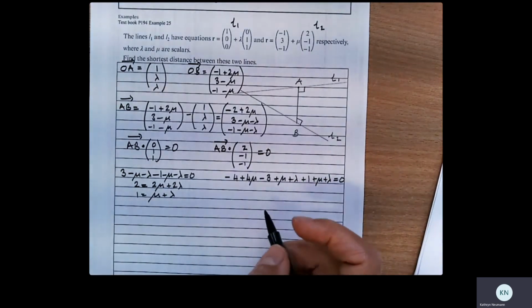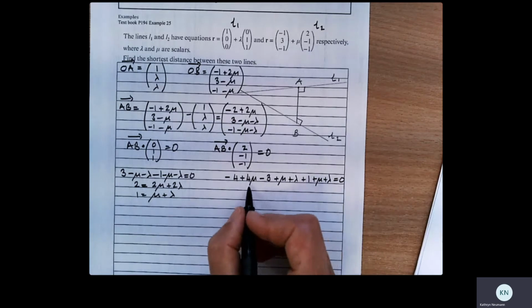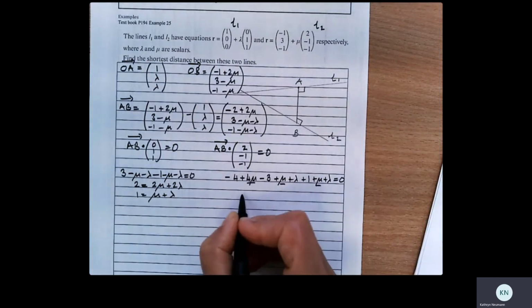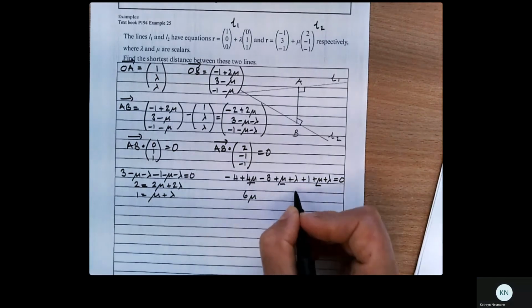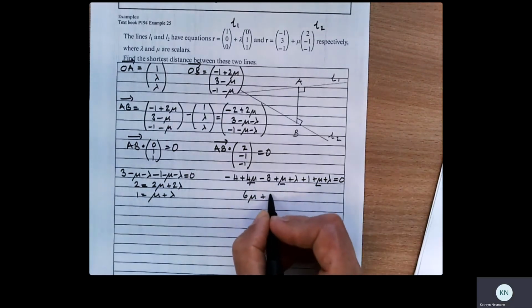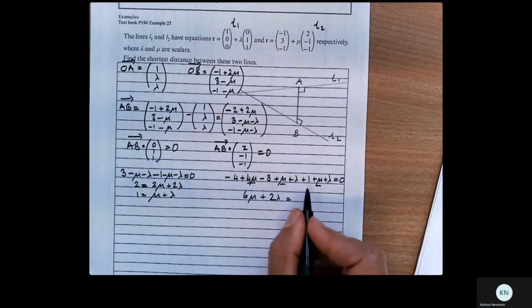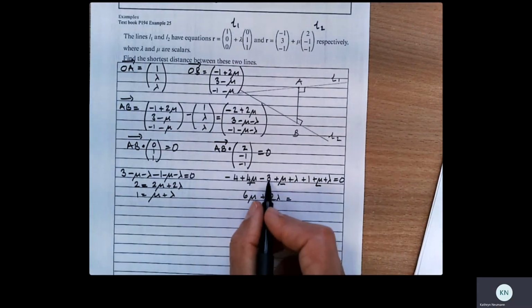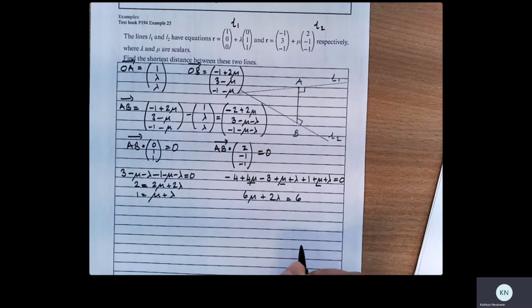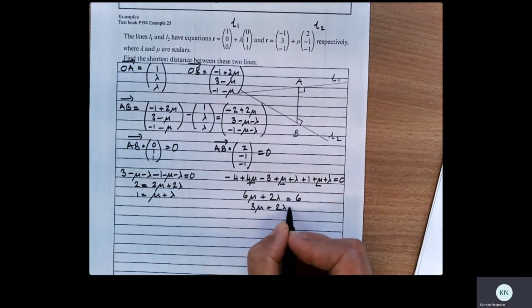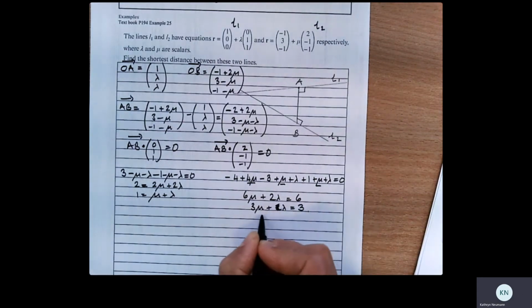And then when I tidy all of this up, how many mus have I got? 6 mu plus 2 lambda is equal to, that's -7, -6 is 6 if I move it over to that side. So that's 3 mu plus lambda equals 3.